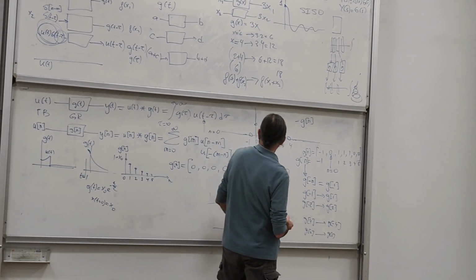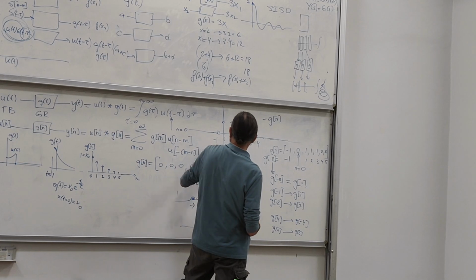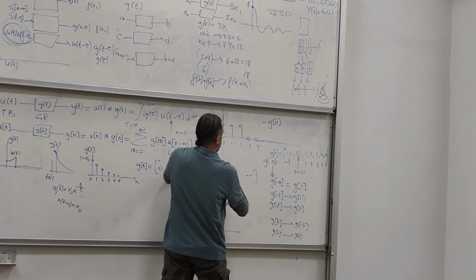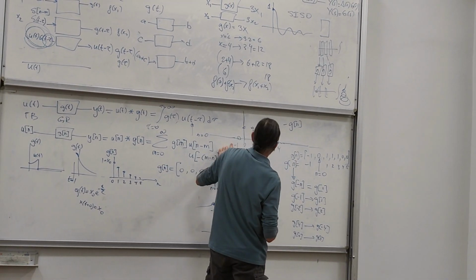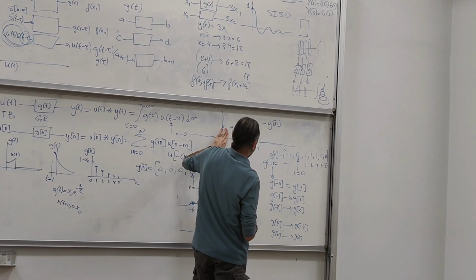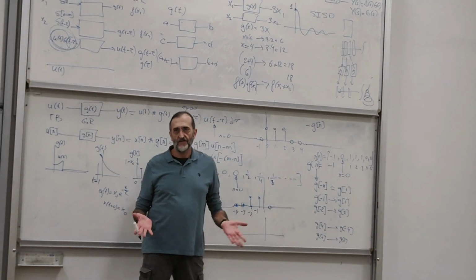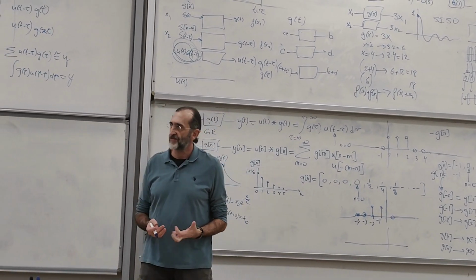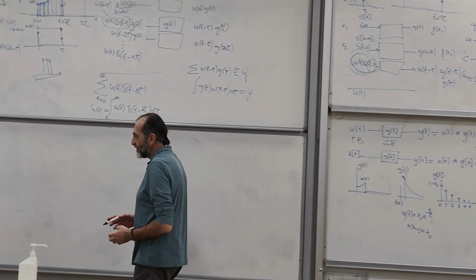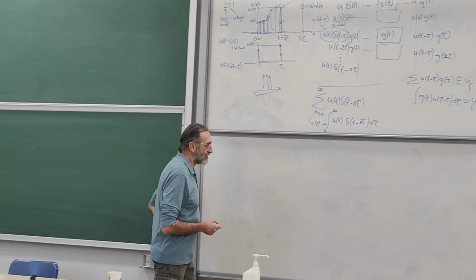G of minus 1 is minus 1. What did I do? This is not the function of that. Nobody tells me that I made a mistake. Alright, so wait 2 more minutes, I'm going to correct myself.